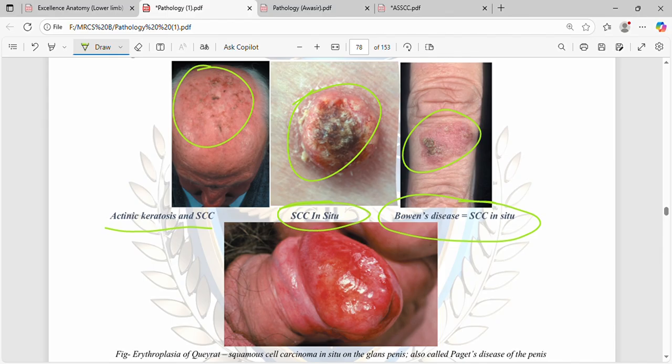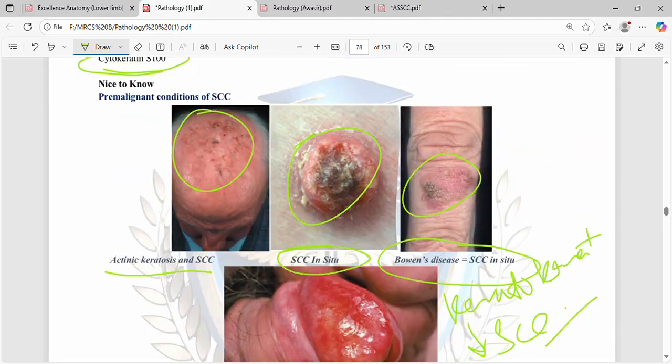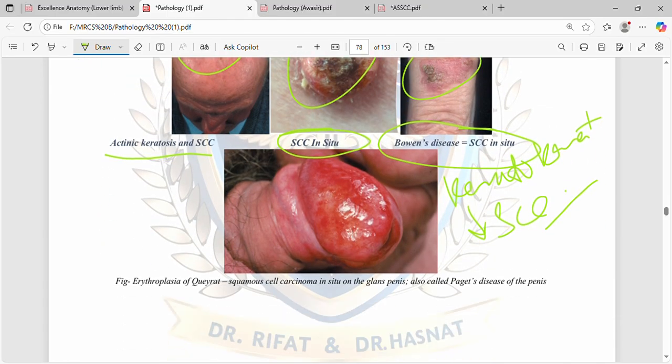Earlier I mentioned keratoacanthoma. Keratoacanthoma is not actually squamous cell carcinoma in situ, but it can progress to squamous cell carcinoma. This is erythroplasia of Queyrat, squamous cell carcinoma in situ of the glans penis, also called Paget disease of the penis.